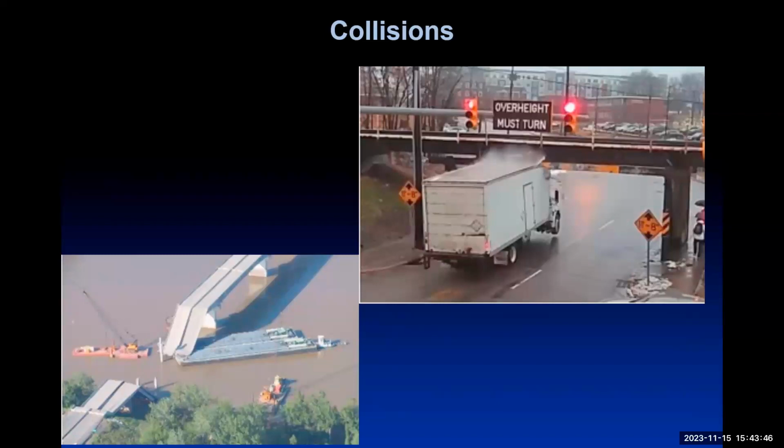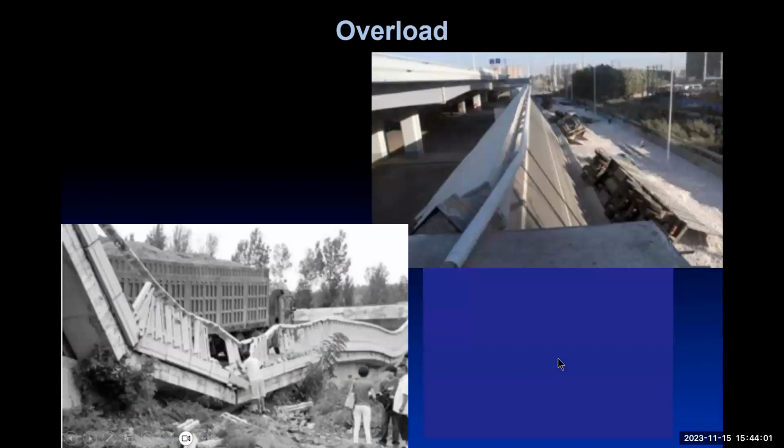And then we have impacts. Two basic types here. First, river traffic going into the supports for the bridge, and road traffic. And then we have the possibility of instabilities caused by overloading.